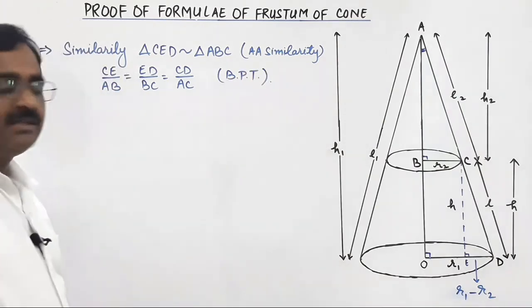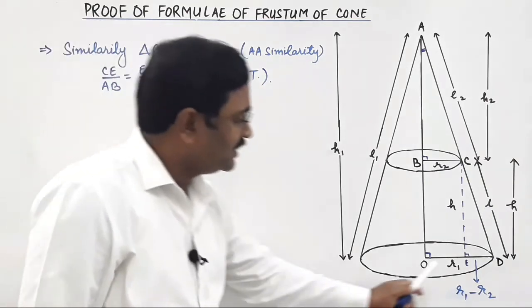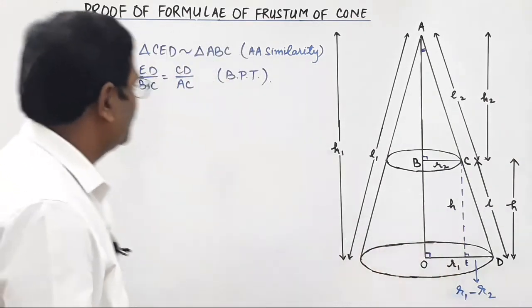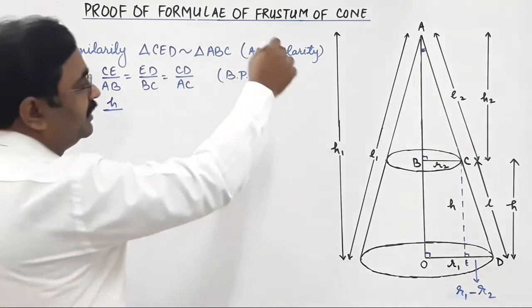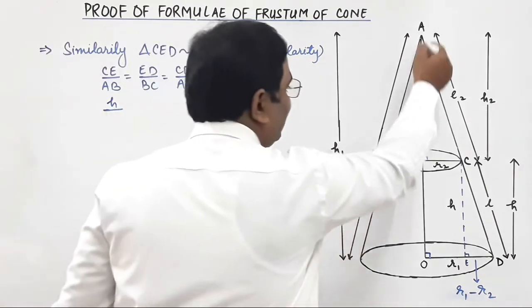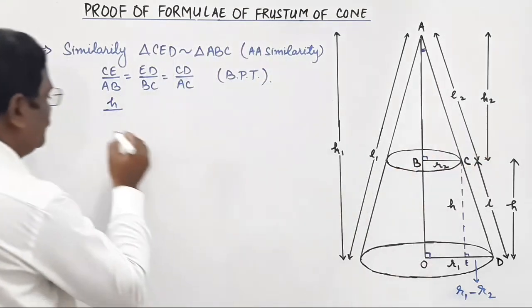Okay friends, now substitute these values. CE, which is H, upon AB, the height of the smaller cone, which is H2.